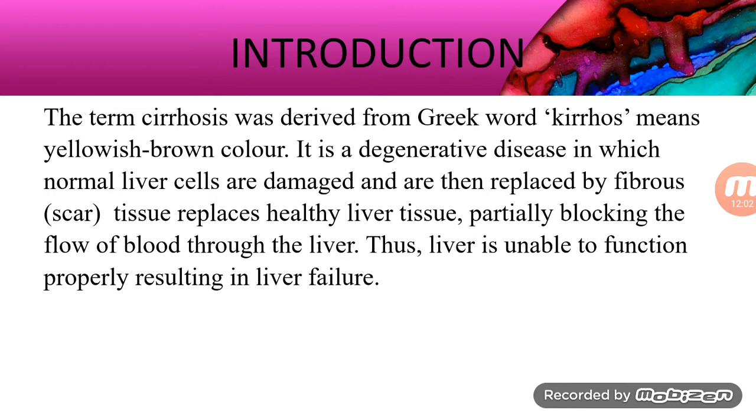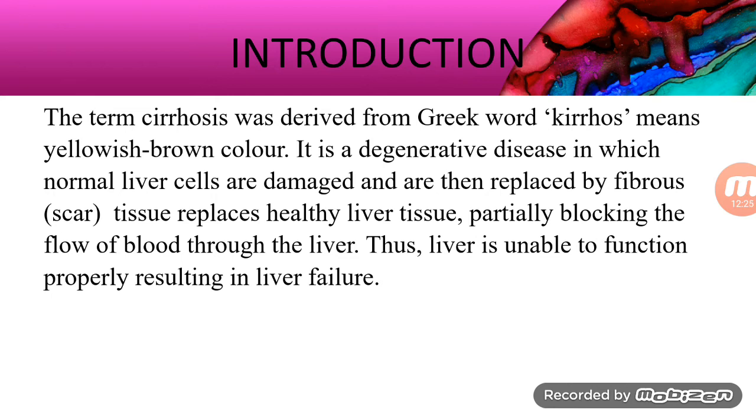So normal cells of the liver become damaged and are then replaced by fibrous tissue. So the normal liver cells will be damaged, and then the healthy cells, the normal cells, will be replaced by fibrous tissues.